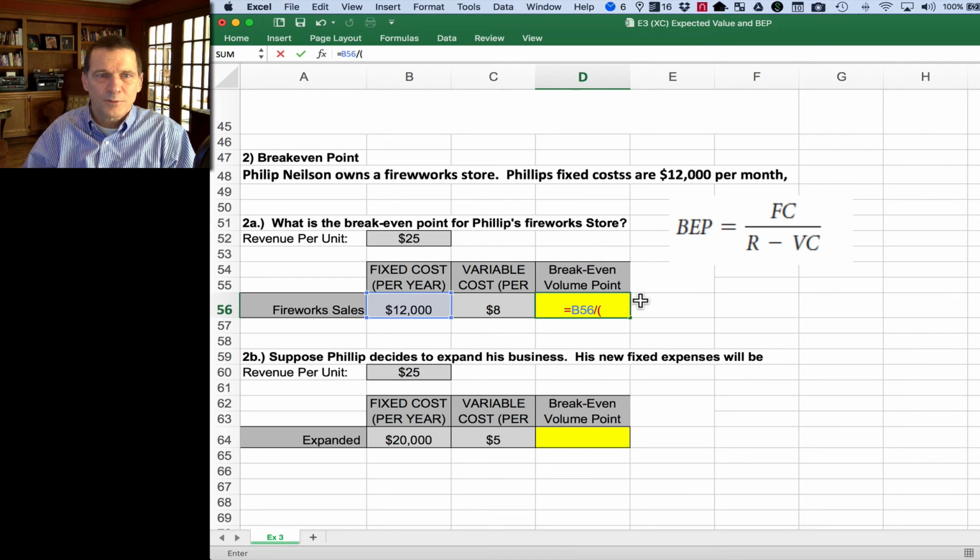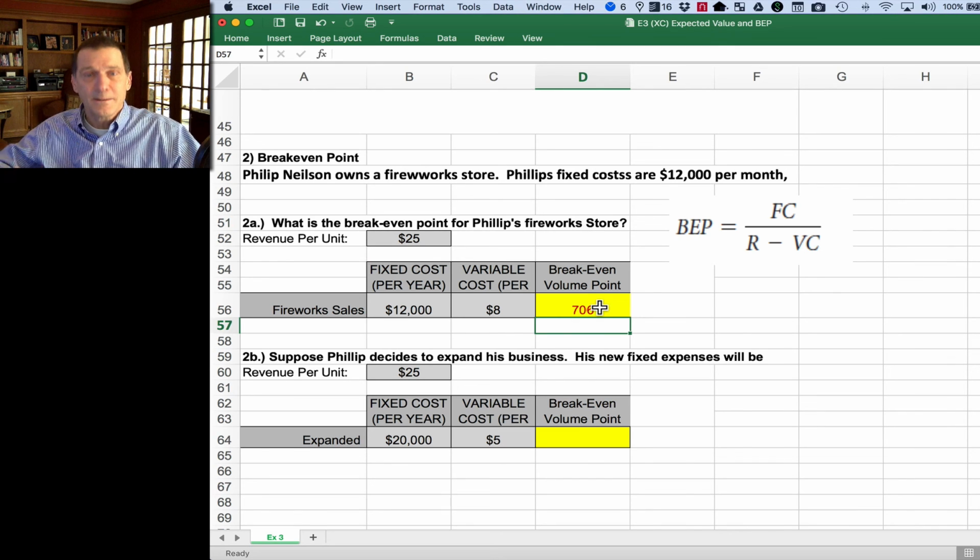So we should put that in brackets, right? Put revenue per unit minus the variable cost per unit, another bracket, and hit return. So today, Philip needs to sell 706 units every month before he starts making money. He's in a loss overall for the month until he gets to that 706.